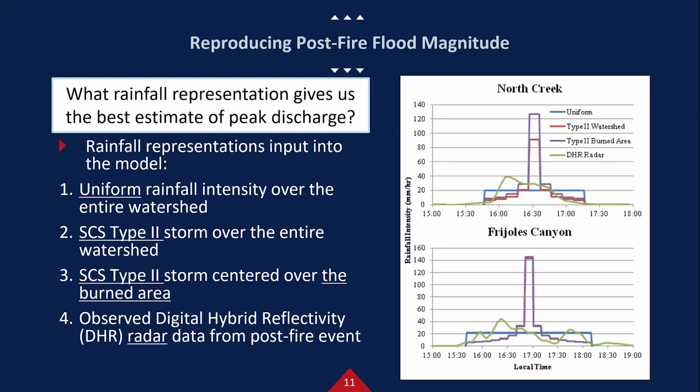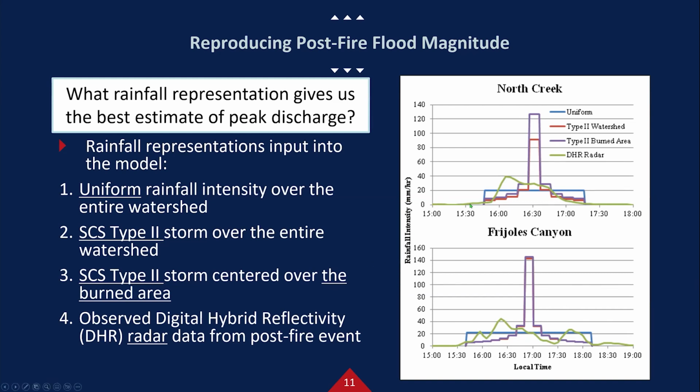So can we reproduce the post-storm flood magnitude? And again, give us some idea of the best representation. We were fortunate enough in both of these watersheds to get pretty good radar coverage. So we could use radar to input into the model to look at post-storm response.